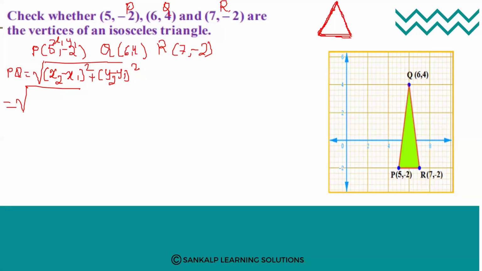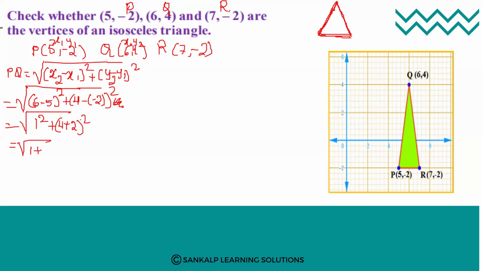So this is x1, y1 and this is x2, y2. x2 value is 6, x1 value is 5. 6 minus 5 whole square plus y2 value is 4, 4 minus minus 2 whole square. 6 minus 5 is 1 square, plus 4 minus into minus plus 2 whole square. 1 square is 1. 4 plus 2 is 6, 6 whole square is 36. So 1 plus 36 is 37, so PQ is root 37.